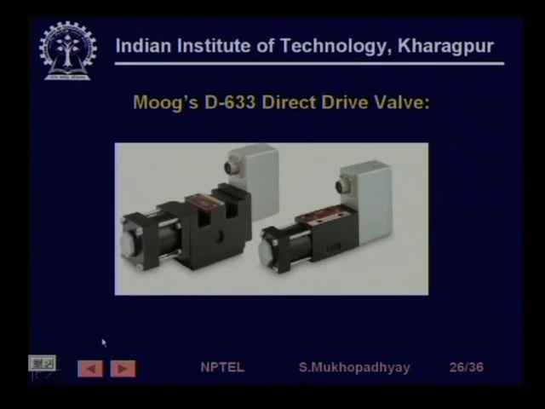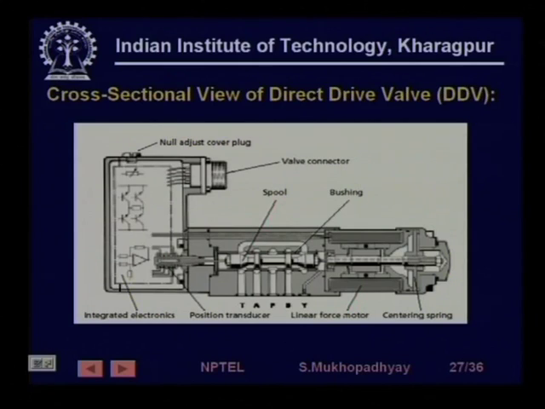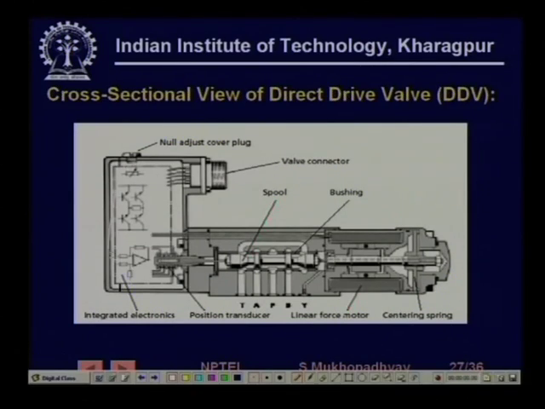This is a picture from the website of Moog, a very well-known manufacturer of such valves. This is a cross-sectional view of a direct drive valve. You can see the various parts: this is the electronics, this is the actual valve, and this is the coil which will pull the spool, and here is the position sensor, which is typically an LVDT.